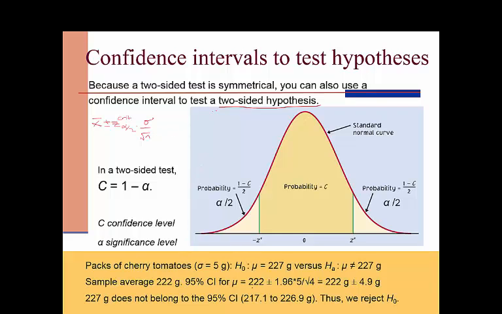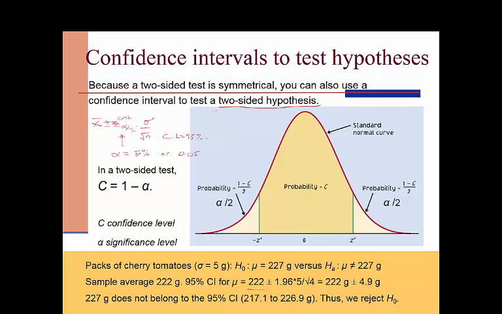So you know x bar as 222, z critical, well, what is alpha? Alpha equals to 95% is confidence level, right? So alpha is equal to 5% or 0.05.